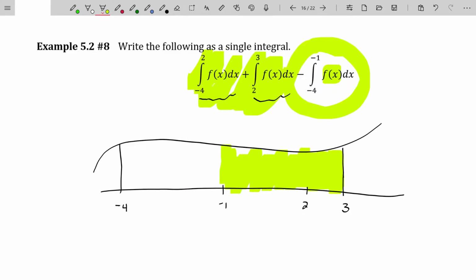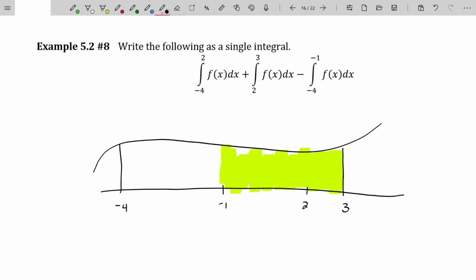So when you do this problem, that visual is super nice. A little bit of geometry there. This is just going to equal the area underneath f of x from x equals -1 to x equals +3. So that is using properties of integrals. Very cool way of doing a problem.